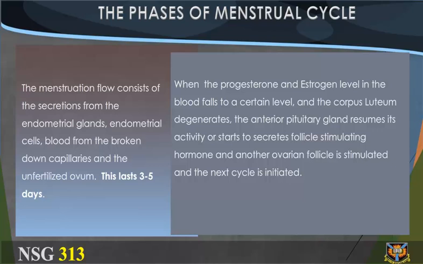This lasts 3 to 5 days. When the progesterone and estrogen level in the blood falls to a certain level and the corpus luteum degenerates, the anterior pituitary gland resumes its activity, starts to secrete follicle stimulating hormone, another ovarian follicle is stimulated, and the next cycle is initiated.